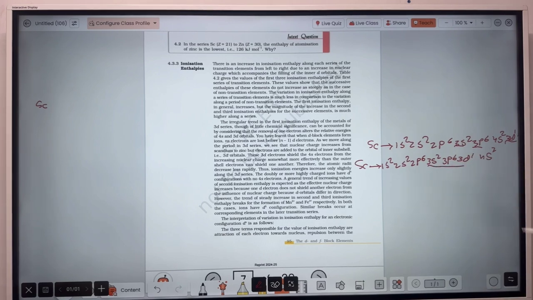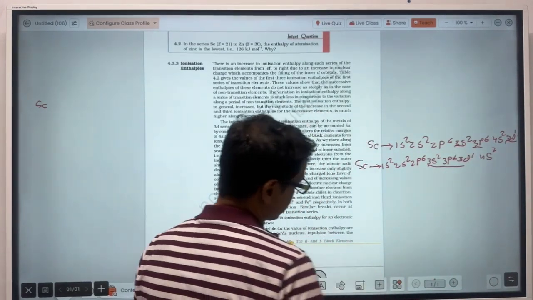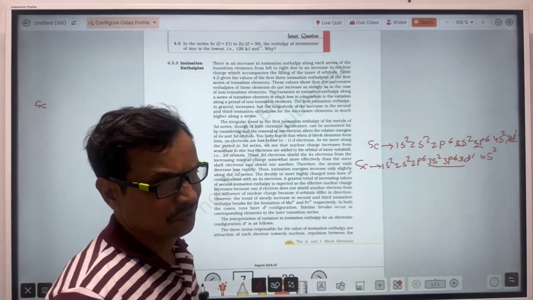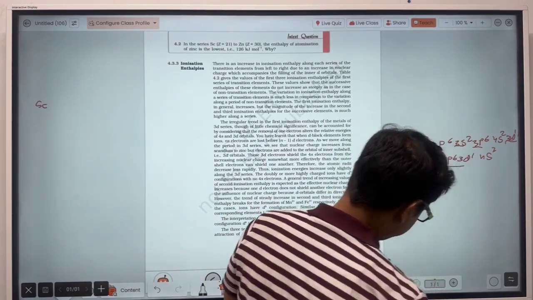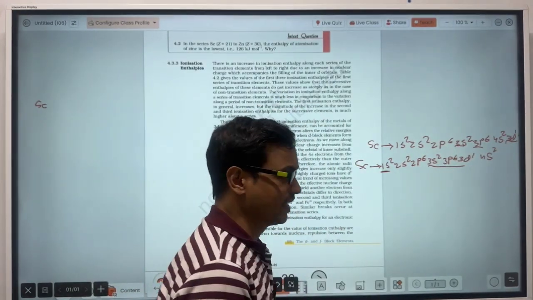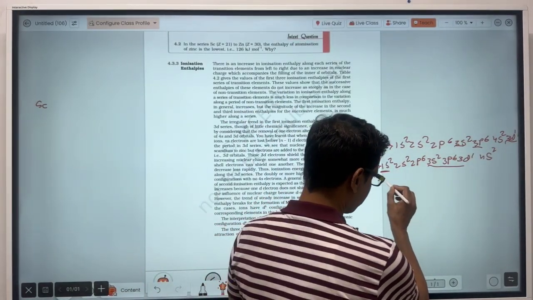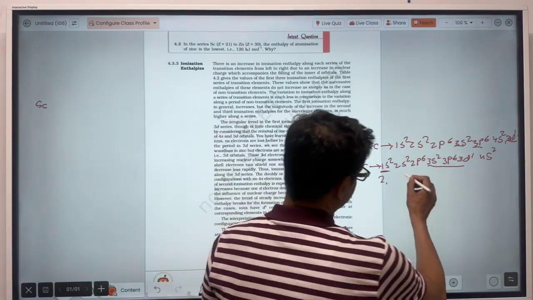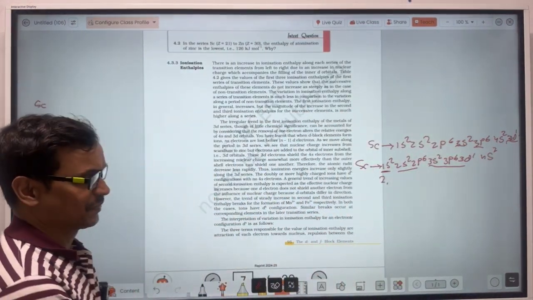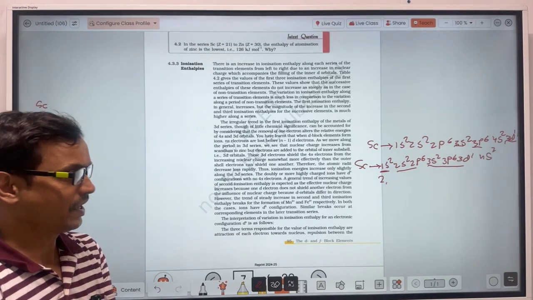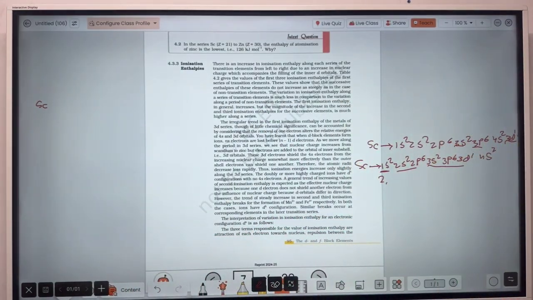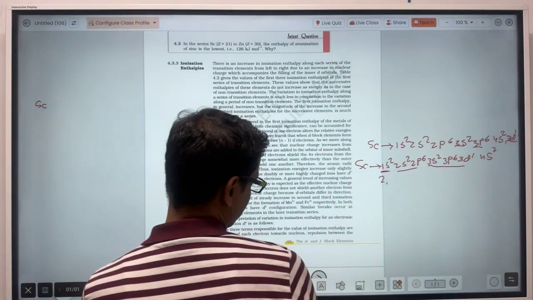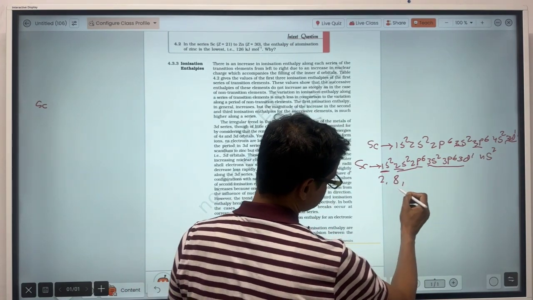Now I am showing you the number of electrons according to shell. In the first shell there is one subshell, s, with 2 electrons, so 2 electrons in total. In the second shell there are 2 subshells, 2s and 2p, with 2 electrons in s and 6 in p, so a total of 8.